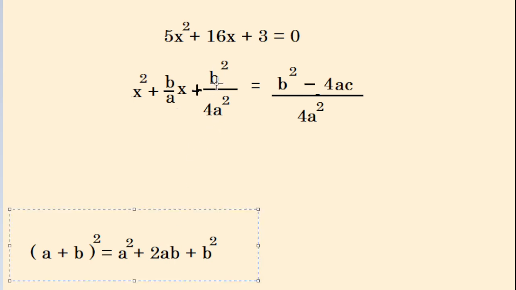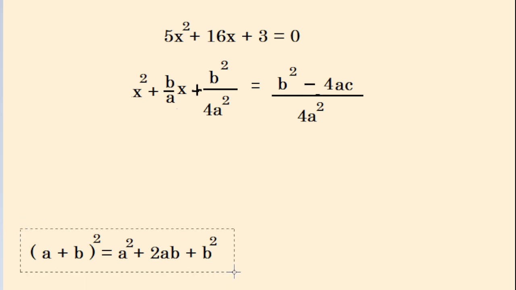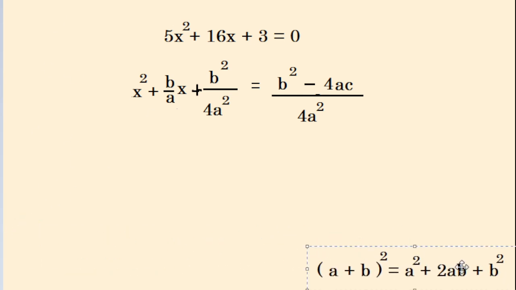Also, how to find half of this, not half. Okay, it doesn't matter. We square root that and square root that. So let's write it down now. Okay, should move it here.